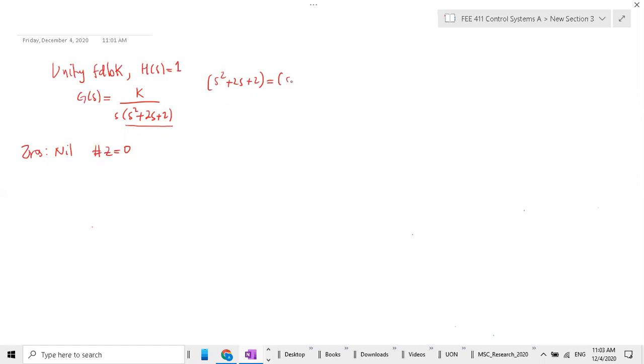Obviously, you can use your calculator, just get the roots of these, and then you get these two factors. So the denominator now we can write it as this.